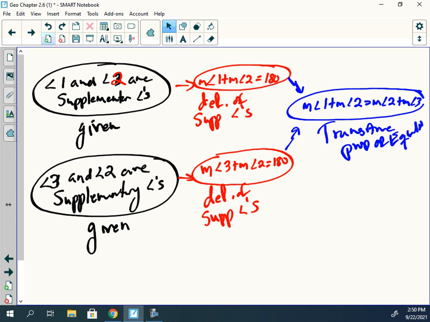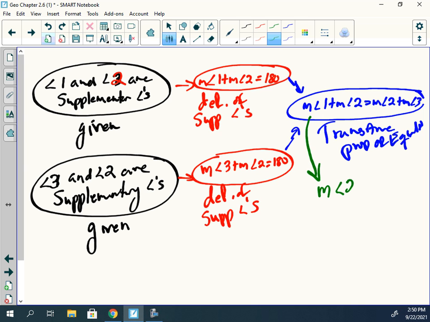And this is what's nice with the flowchart proof, because we can show the flow of how the proof is going. Our givens, they're both supplementary, led to the fact that the two angles add together to be 180. These two separate statements we can combine into one equation. Now we can use our subtraction property of equality to say that the measure of angle 2 is equal to the measure of angle 3.